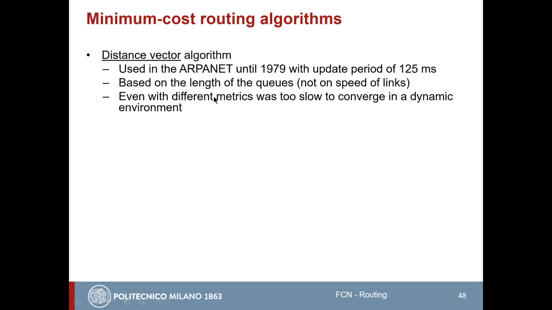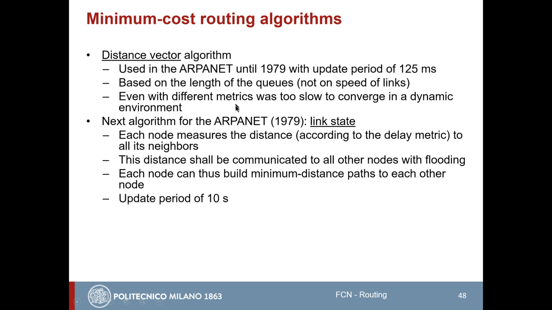Then other metrics were also proposed, but in all cases, distance vector is characterized by its slowness to converge in dynamic situations. So this is why it was abandoned at a certain point for a new algorithm, that is the implementation of the Dijkstra algorithm in a distributed way, which is based on link state. I think the year here should be changed because it's the same as before, but it's a later time.